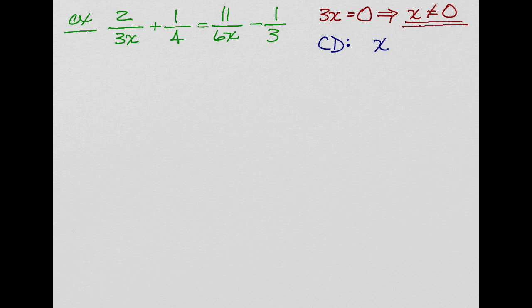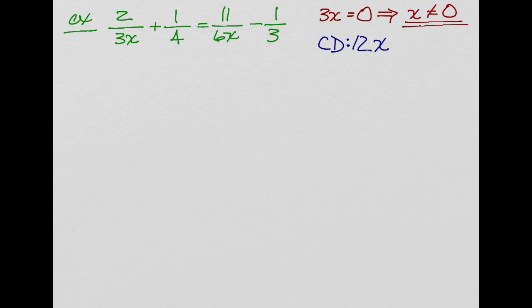So I need a number that I can divide by 3, I can divide by 4, I can divide by 6, and still 3. 12 will work. I can do 12 divided by 3 and get a whole number, 12 divided by 4, 12 divided by 6. There's my common denominator.